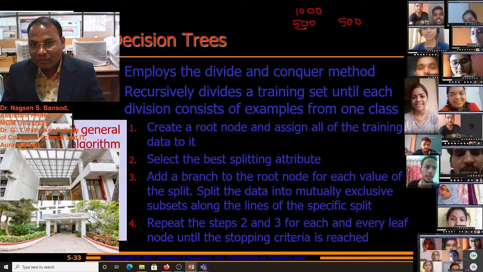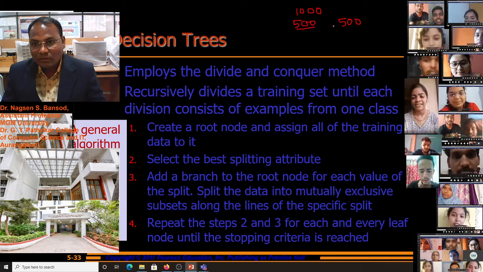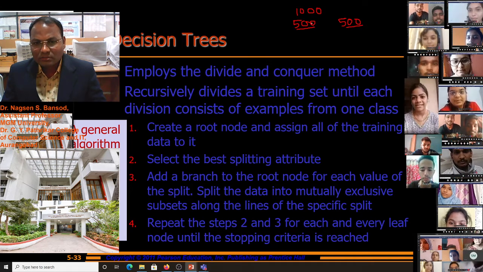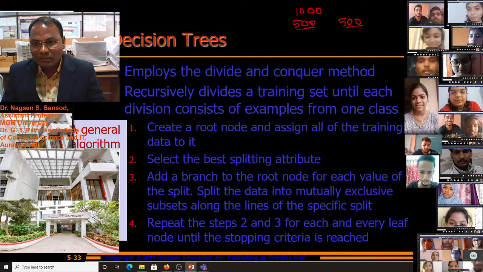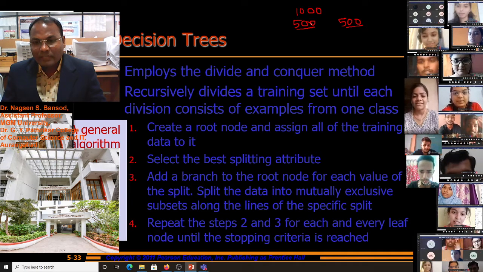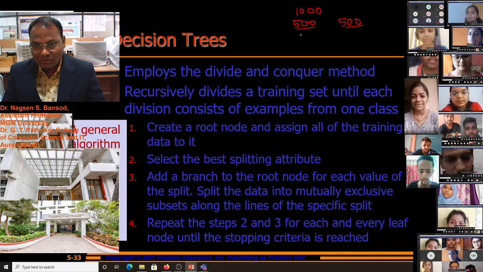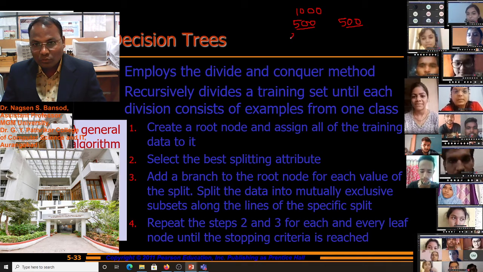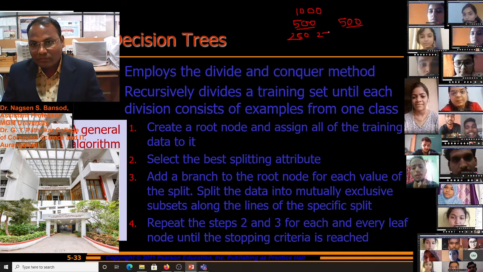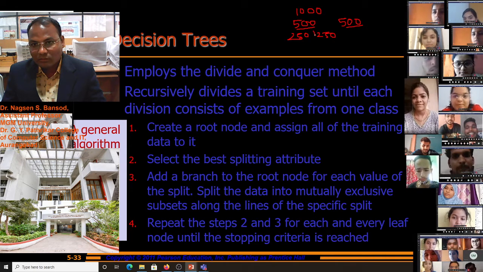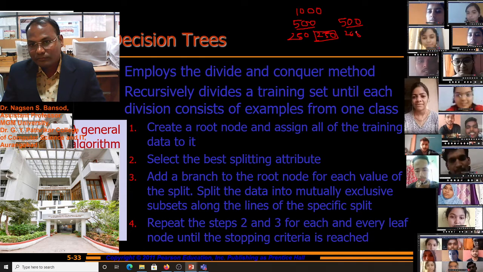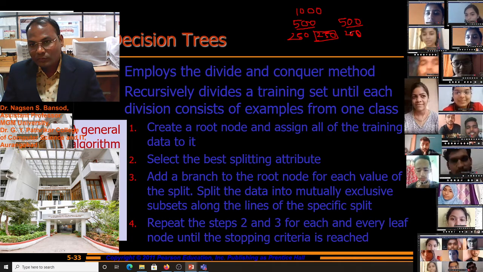We have to recursively divide this training set until each division consists of examples from one class. Again divide this into 250, 250, 250, 250.